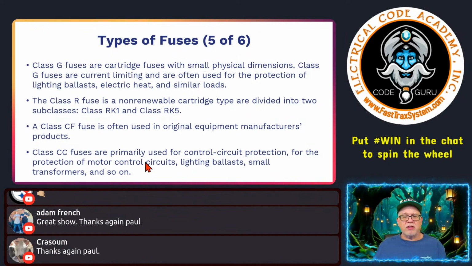Probably going to find those in things like motor control centers and the motor control circuit boards and all that kind of stuff. Small little transformer, integral, these little Class CC, these little teeny babies that are in there. Probably, again, already provided by the manufacturer, and it's probably nothing me as an electrician I'm going to screw with, maybe. Unless you're working at HVAC and you're maybe working with some of the little control boards or something like that that has integral fuses, then you may deal with some Class CC small.